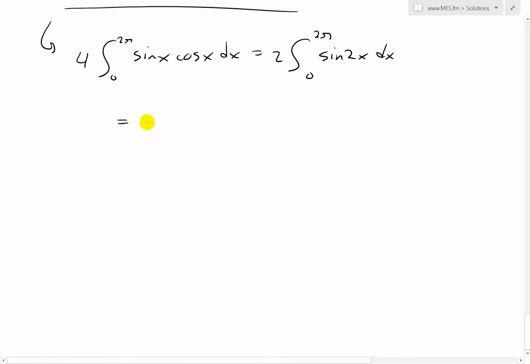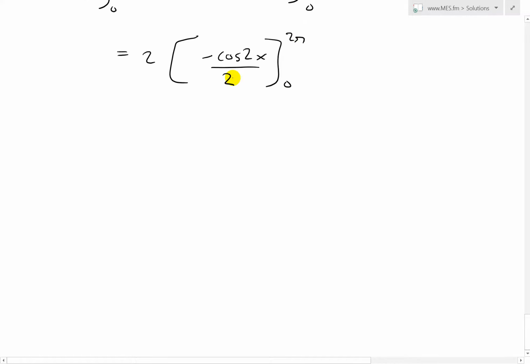The integral of this is negative cos 2x over 2, because the derivative of cosine is negative sine, and by the chain rule we have to divide by 2 so that the derivative becomes sine 2x. Then the 2's are constants, so we just cancel them out.